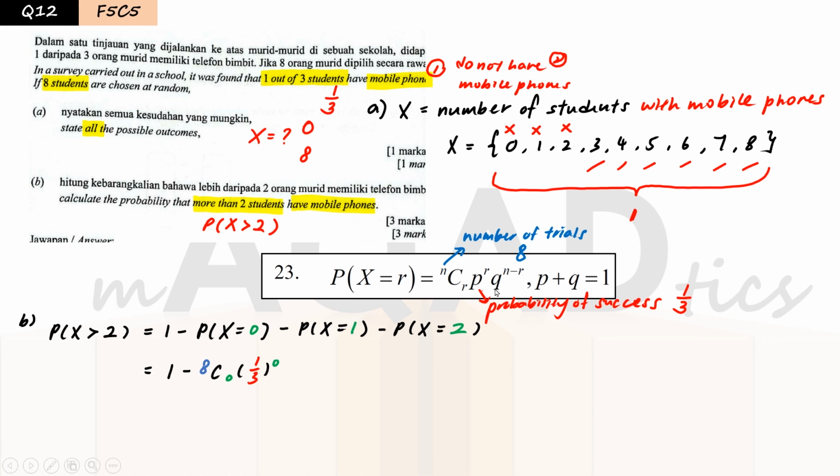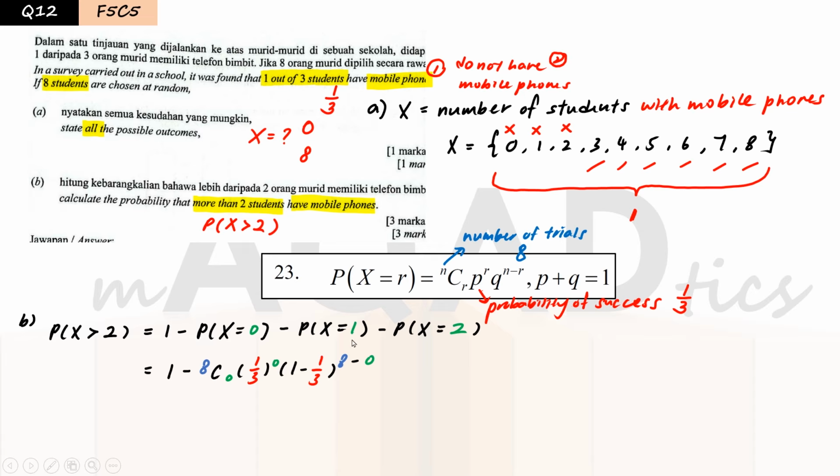Q here is the probability of failure, which is the opposite of the probability of success. So if you want to find q, very simple, it's just 1 minus the probability of success, 1 minus 1 over 3. And the power here is n minus r, so it's 8 minus 0.